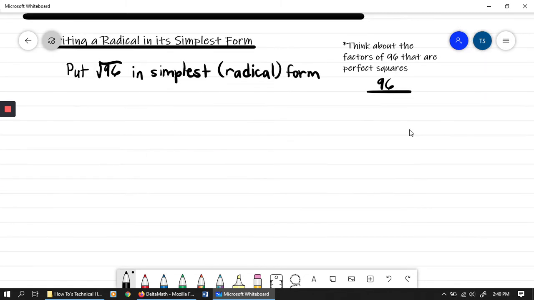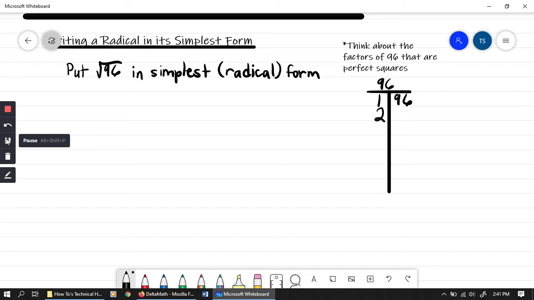So let's list out some factors of 96. We've got 1 and 96. We've also got 2 and 48. We've got 3. Oh, I'm sorry, 3 is not a factor there. Actually, it is.